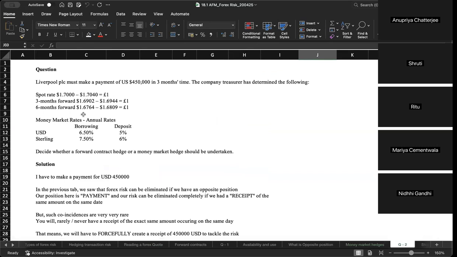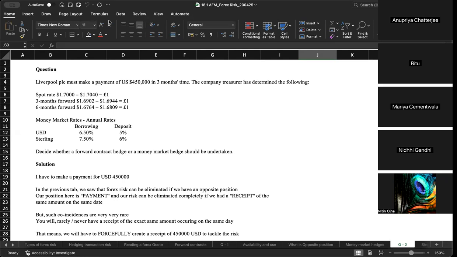Now, Liverpool PLC must make a payment of $450,000 in 3 months' time. Now, we know that one way to get rid of foreign exchange risk is, for example, I have a foreign exchange payment and I want to get rid of the risk of foreign exchange fluctuation.